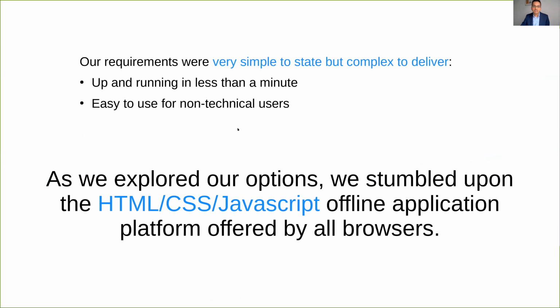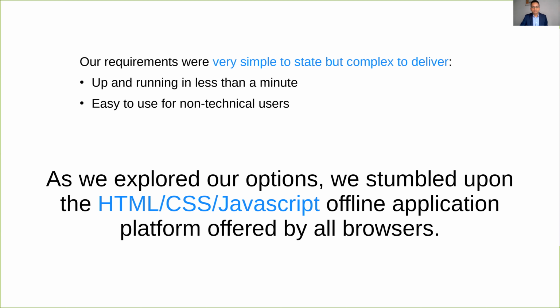Our requirements at that time were very simple to state, but very complex to deliver. Our requirement was up and running in less than a minute. You should be able to install and set up the software in less than a minute. And it should be easy to use for non-technical users. So think about users who do not know how to follow complex installation steps.